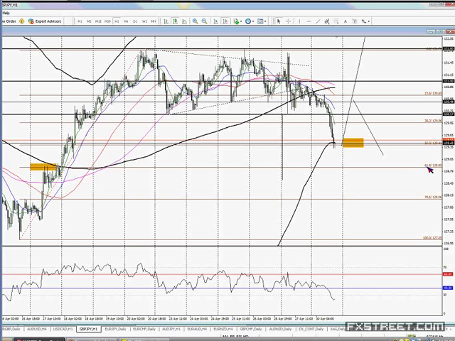All right, so what we should look for is our 61.8% retracement level, as well as this previous little consolidation area as a target. Okay. All right, so that is your pound yen.